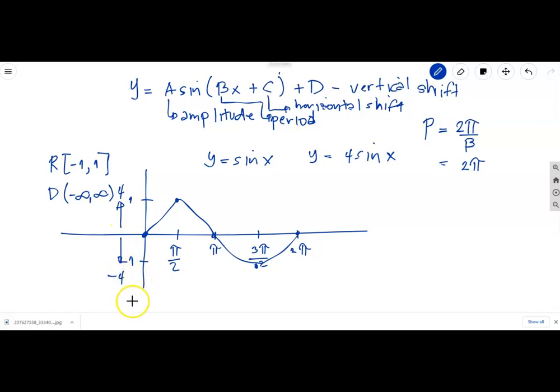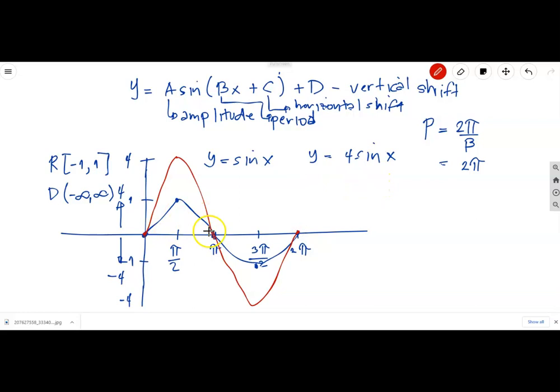So instead of -1, you will now have -4. So the graph of y = 4 sine x will go up to 4, then go down, still crossing 0, down to -4, until it goes back to 2 pi.